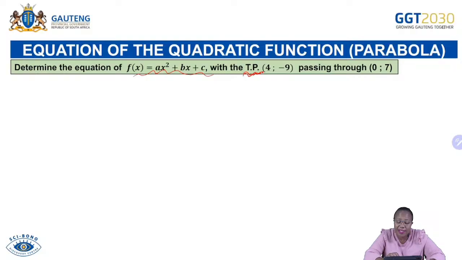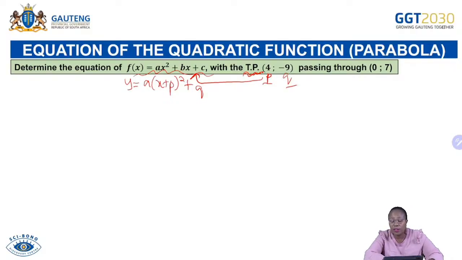Remember, the minute they say turning point, it brings p and q into our mind. That means this is not the original equation that we depend on. We need to use y equal to a into x plus p squared plus q. Why? Because we are given the p and q.